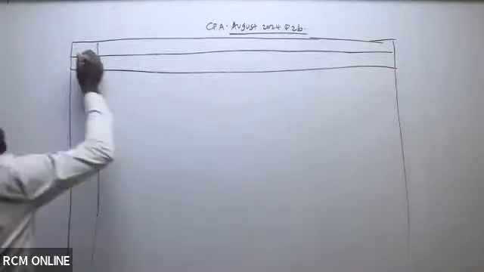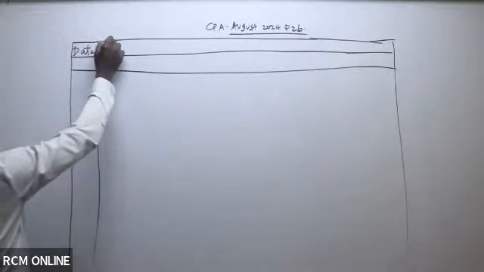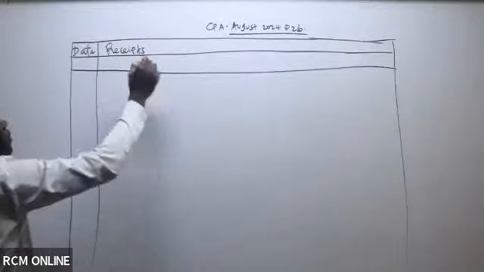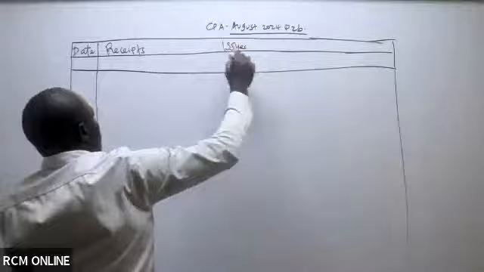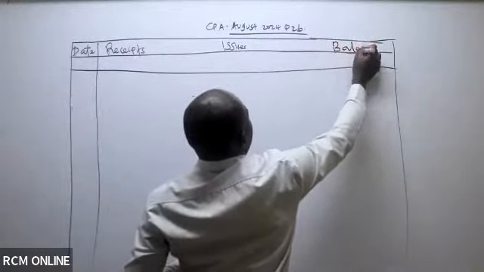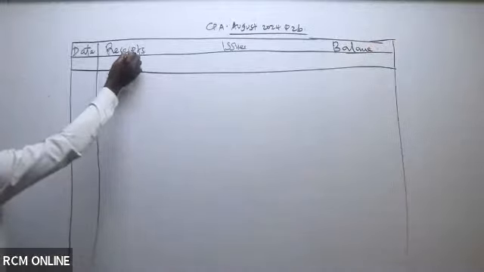We talk about date, receipts, issues, then, of course, balance. So we need to have 3, right?